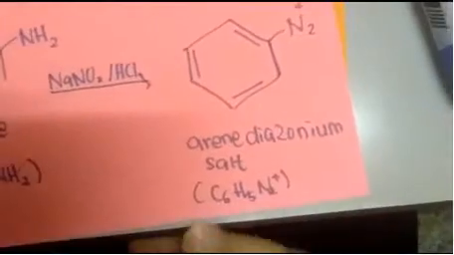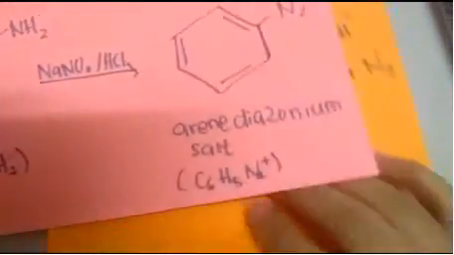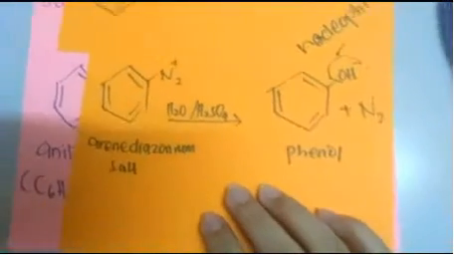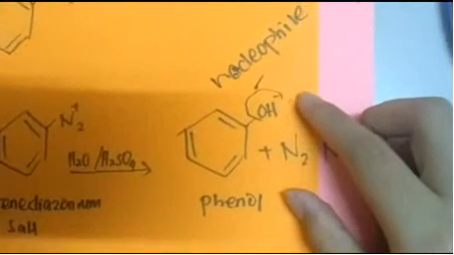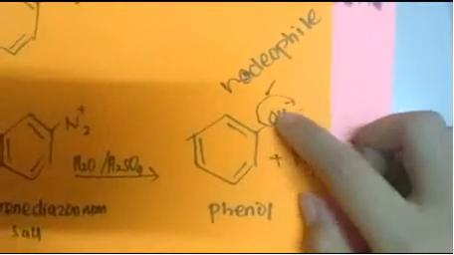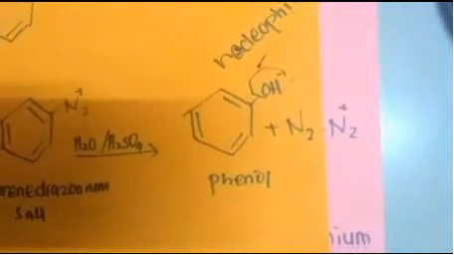It reacts with a nucleophile. This is the example: the arene diazonium salt will produce phenol, and this is the nucleophile that we react with.